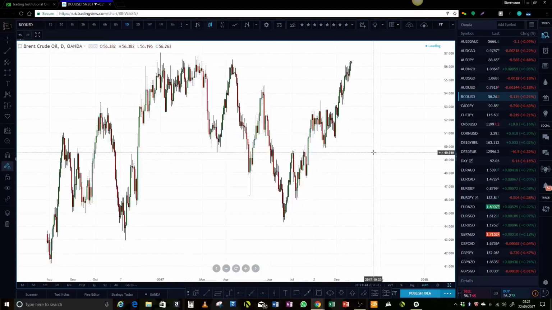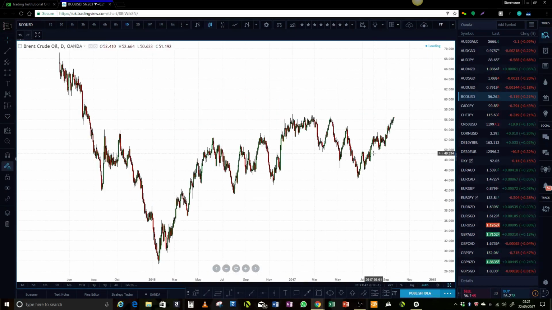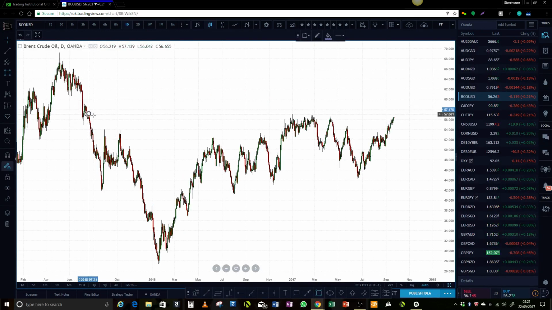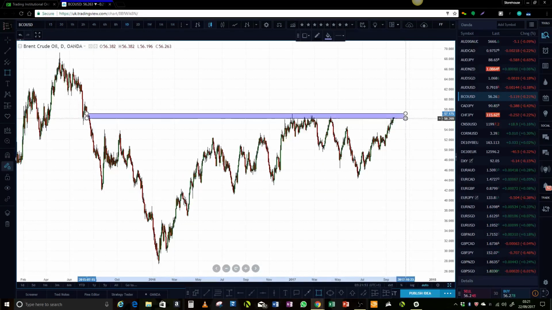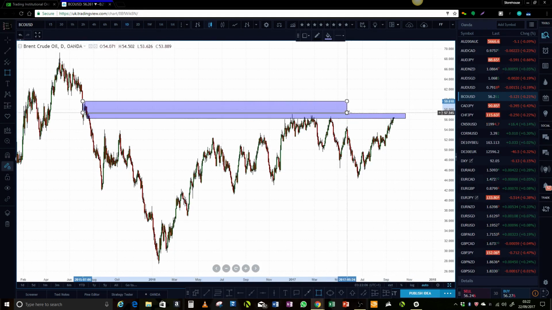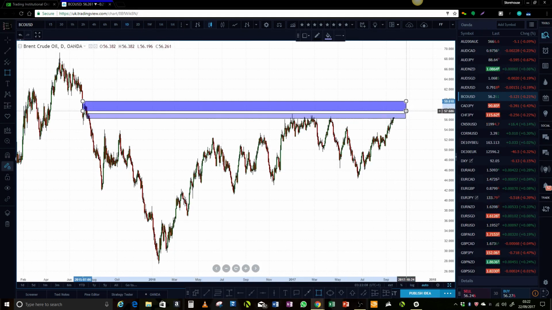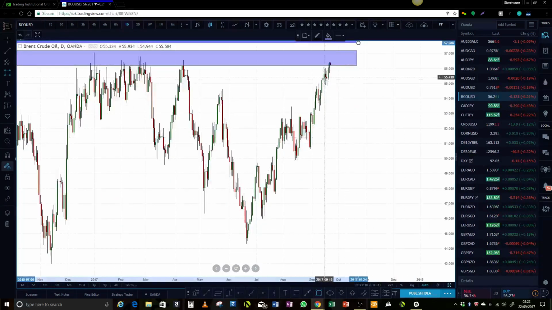Looking at oil, this is Brent. So we can see this little base drop there so far has proved a very strong level. We're now coming up back to it again. God knows what number of times it's been up here. And we have some supply up in here. Now the issue with this is going to be the way that, again, we're coming up.